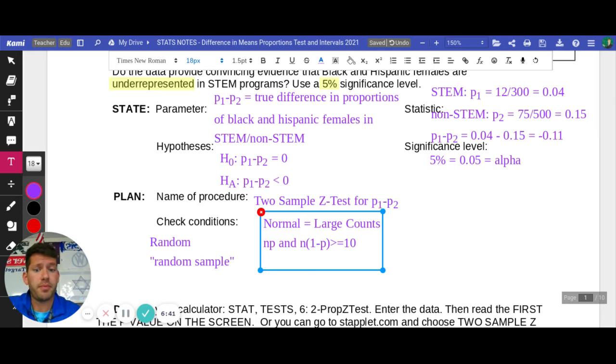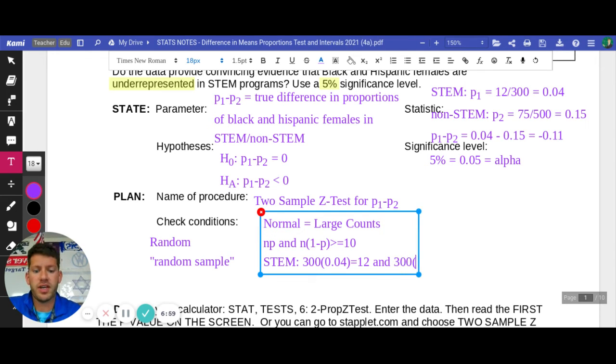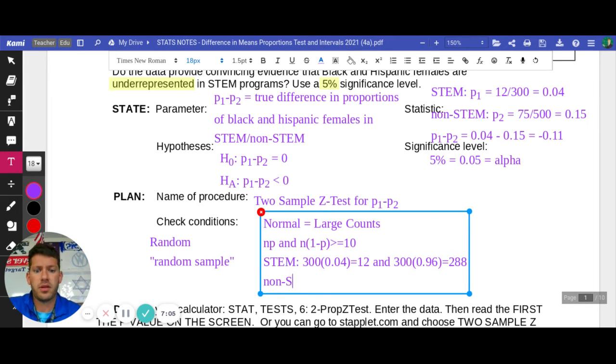So we'll look at the STEM. There's 300 people times 0.04. That gave us 12. And when we do the opposite, 300 times the remaining 96% gives us a much bigger number, 288. So those are both okay.